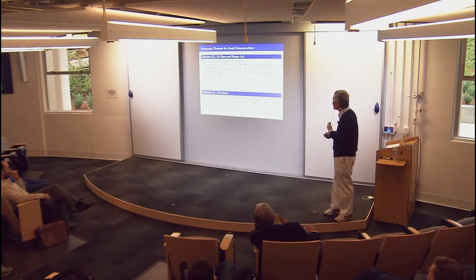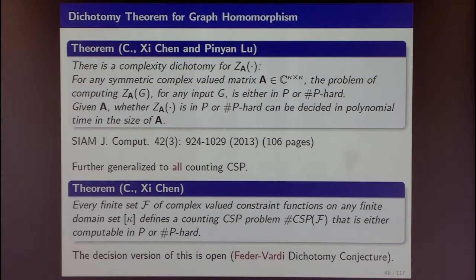It is decidable if the constraint functions are non-negative. It is actually a theorem of Martin Dyer and Richerby to show that if it's 0, 1, it's decidable. There is another theorem with me and my co-authors for non-negative. But I want to emphasize there's a big difference between functions where the constraint functions are non-negative versus possibly positive and negative and complex.